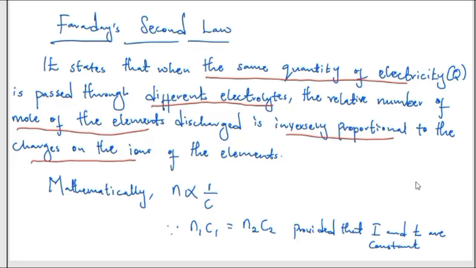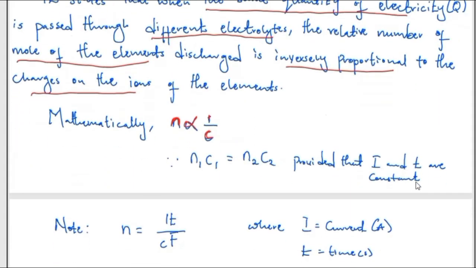So if you see the mathematical expression, these are the 3 parts we just took away. Mole of the element is inversely proportional to what? To the charge. So N, which is mole of the element, is inversely proportional to the charge. And if you want to introduce a constant of proportionality, what that means is that N1 C1 will be equal to N2 C2, and this is the basis of any equation that involves Faraday's second law of electrolysis.